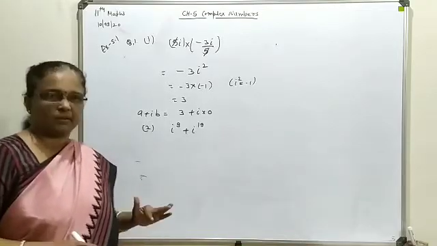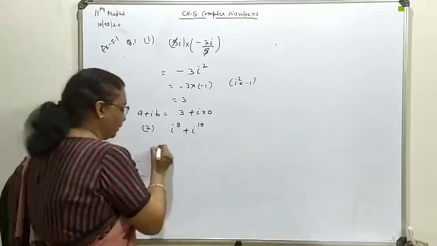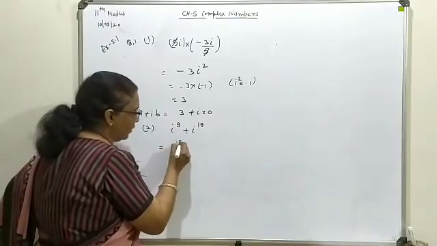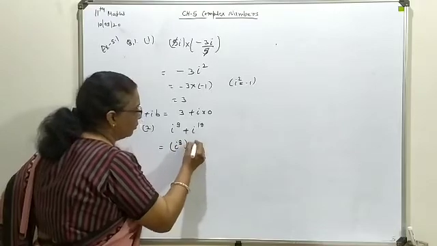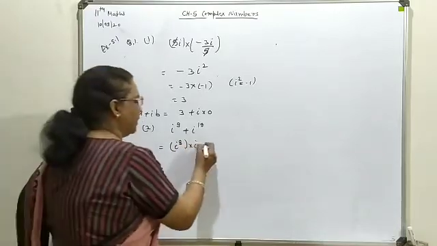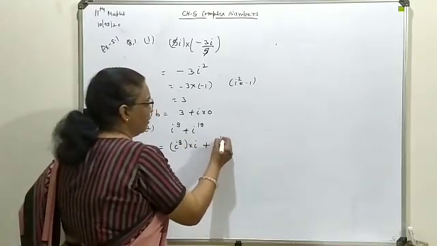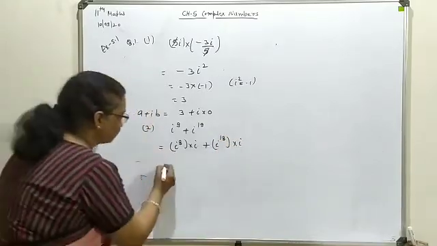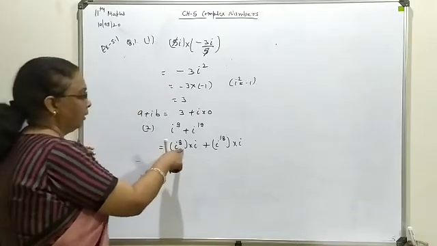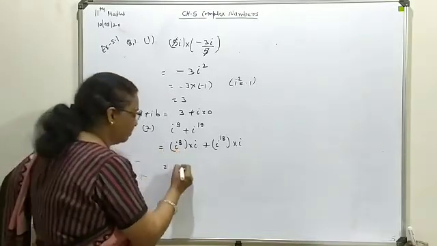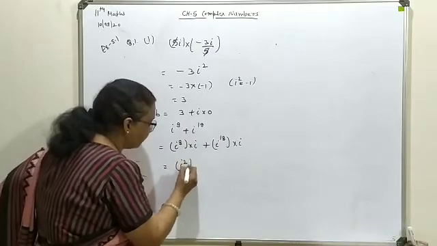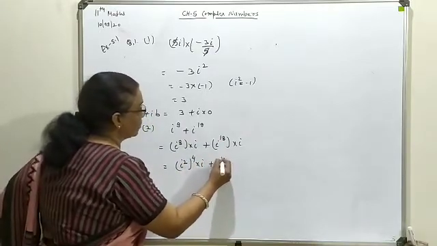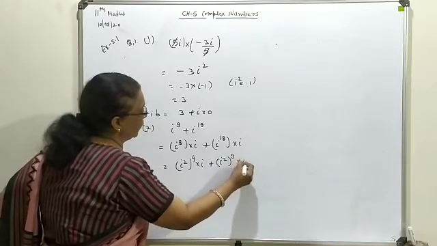So i power 9 we write as i power 8 into i. Next we write i power 19 as i power 18 into i. Now i power 8 means i square with power 4 into i, and here it is i square with power 9 into i.